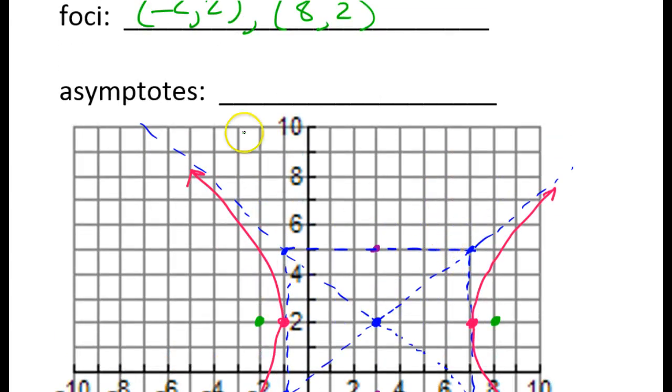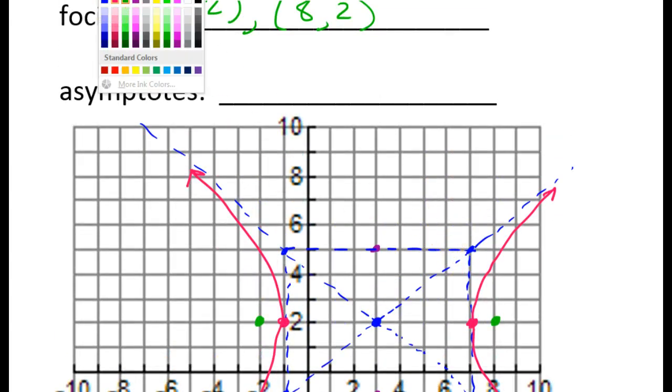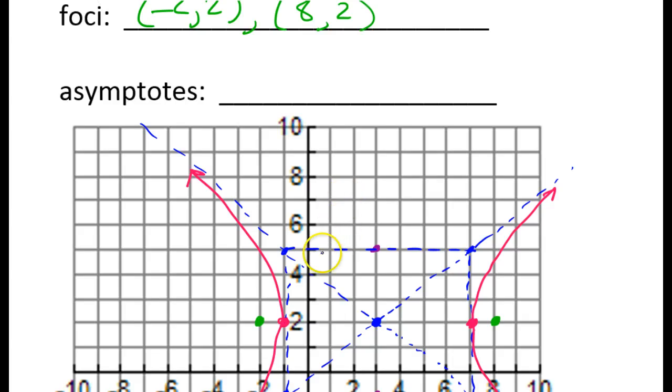Last but not least, the equation of the asymptotes. We're basically going to use the point-slope form of a linear equation. But we're going to specifically pick the center of the hyperbola for our point. So you can always use the following model then. y minus k is equal to plus or minus m times x minus h.